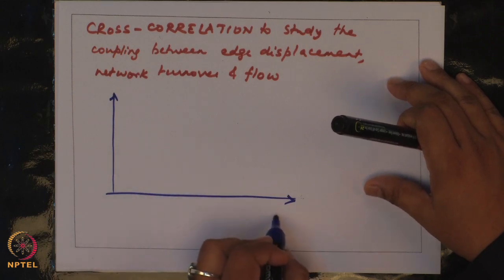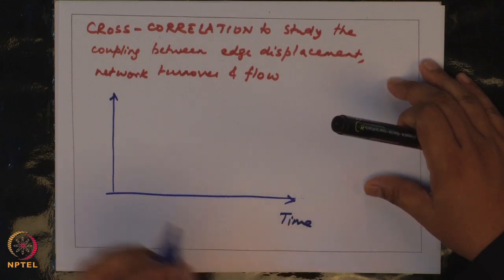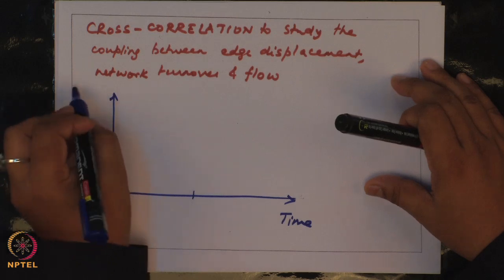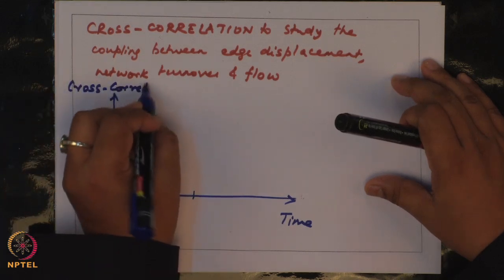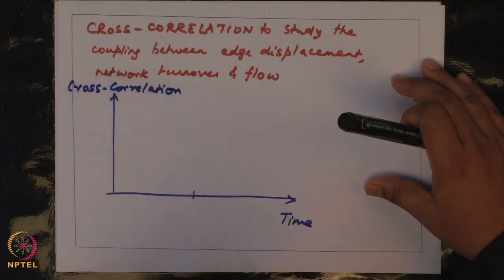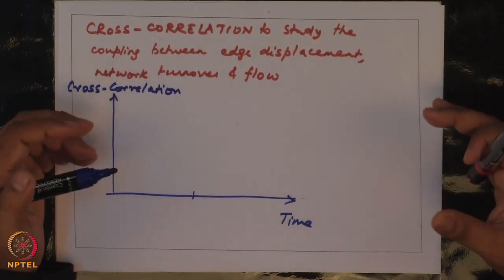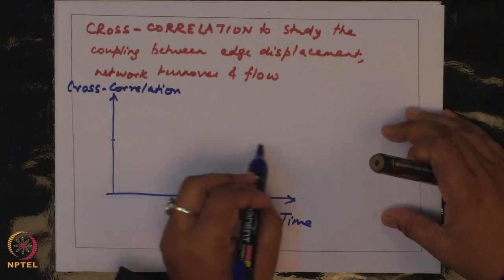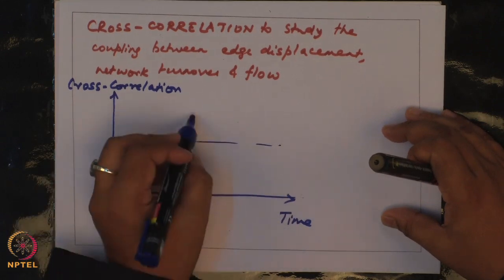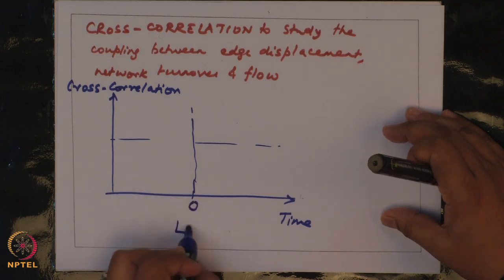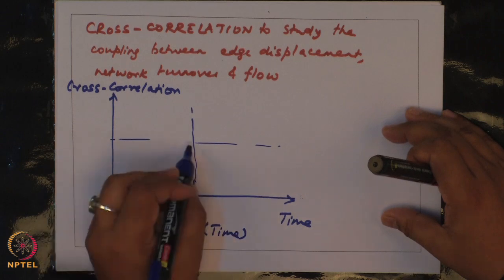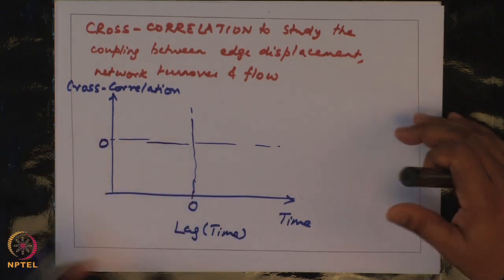So, you have time here, this is your cross correlation. Now, the way cross correlation is defined, let us say this is my 0 and this is my 0, this is lag time, and this is 0 cross correlation.